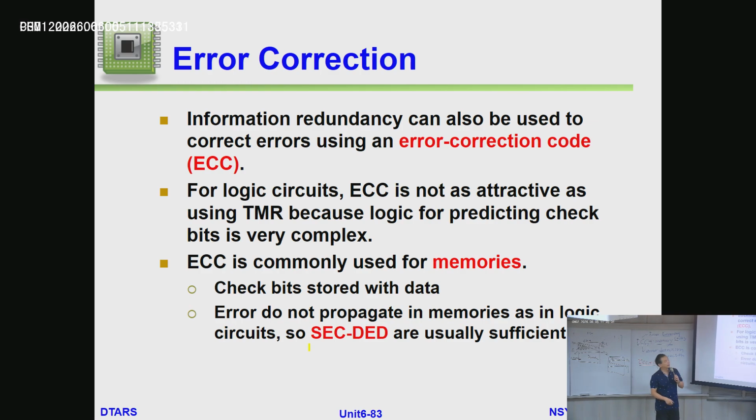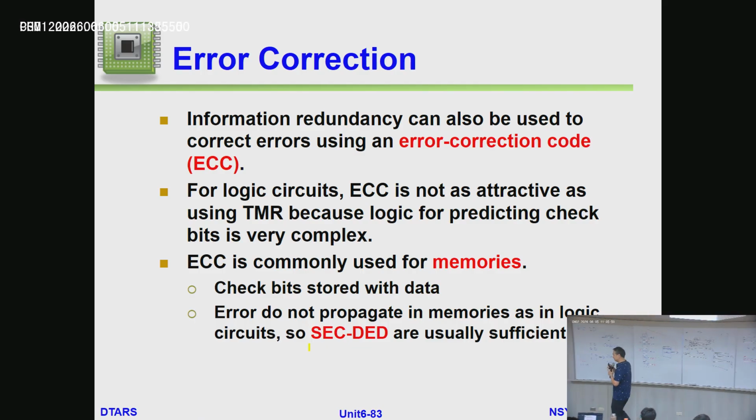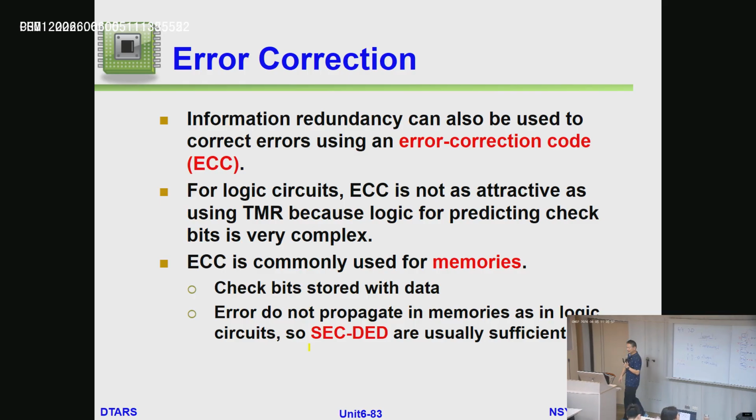Finally is this one, error correction. For error correction codes, the idea is that we will need more check bits in order to not only detect the errors but also correct the errors. This is called ECC.